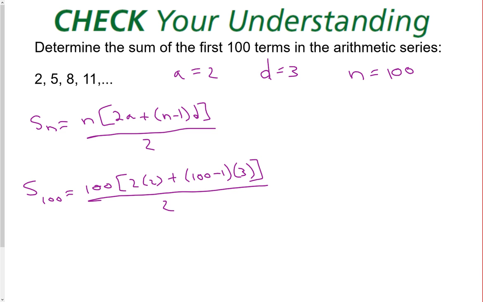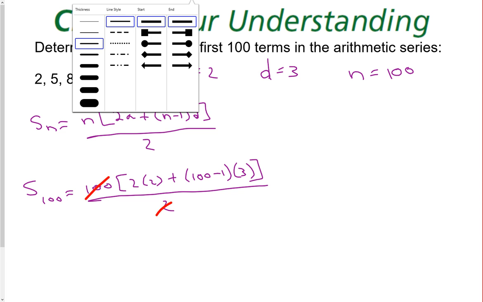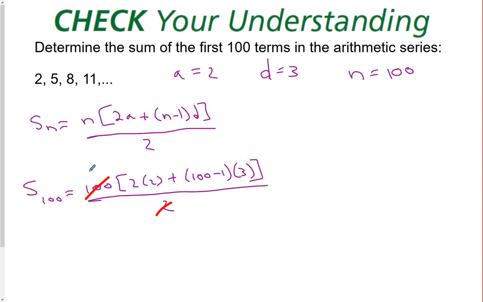Quick little shortcut for ourselves. 100 divided by 2 is 50. Since that 100 is multiplying everything else on the numerator, we can do that. So that's going to shorten things up for us a little bit. So we're going to end up with 50 times, 2 times 2 is 4. 100 minus 1 is 99. So 99 times 3.